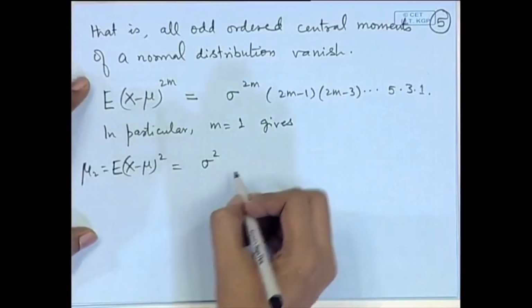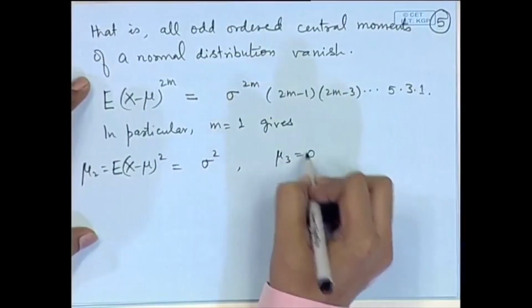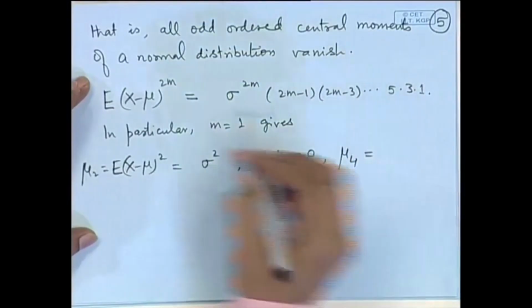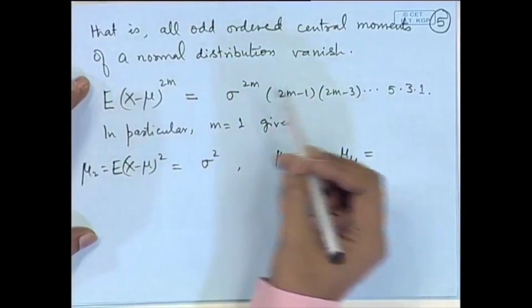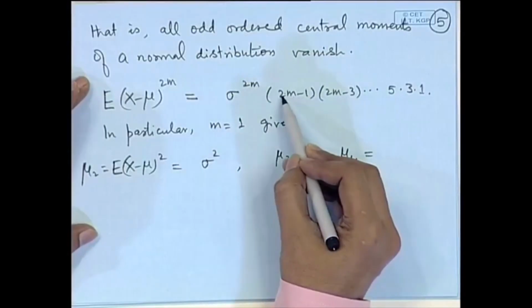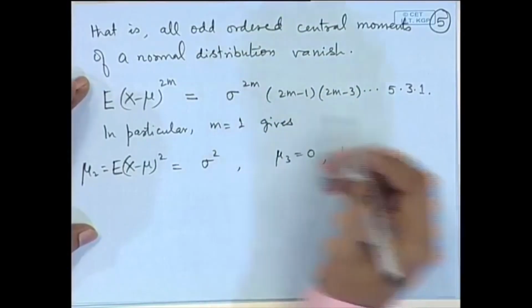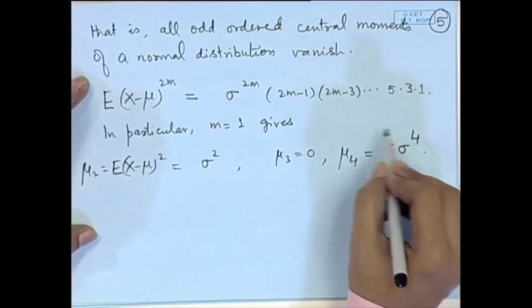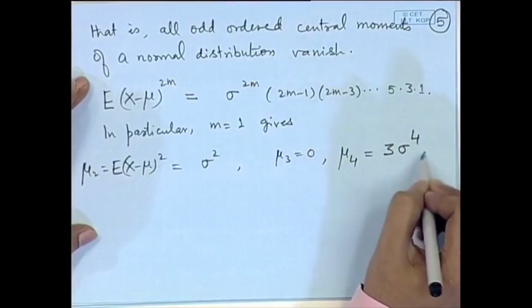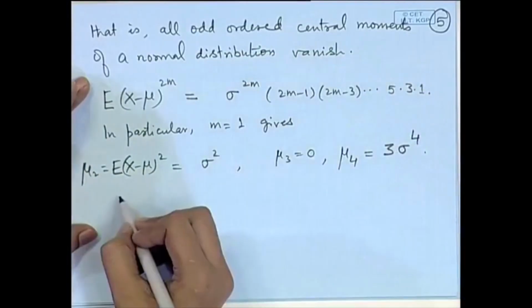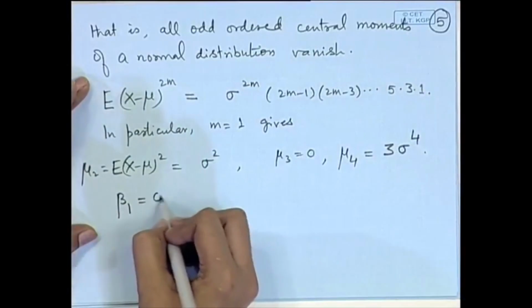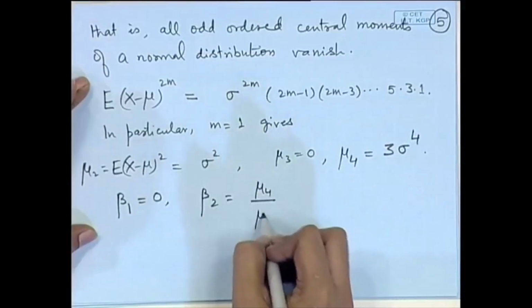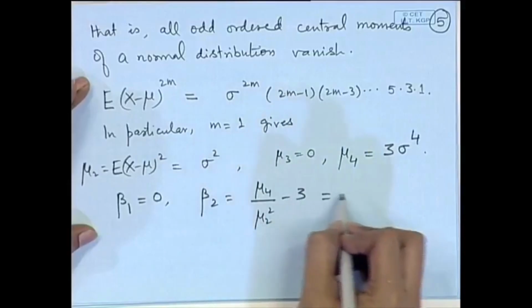So, obviously mu 3 is 0. If we look at mu 4, the fourth moment, that is, if I put m equal to 2, then here I will get 3 times 1. So, this will become 3 sigma to the power 4. So, the fourth central moment is 3 sigma to the power 4. Obviously, the measure of skewness is 0, and the measure of kurtosis, that is mu 4 by mu 2 square minus 3, is also 0.